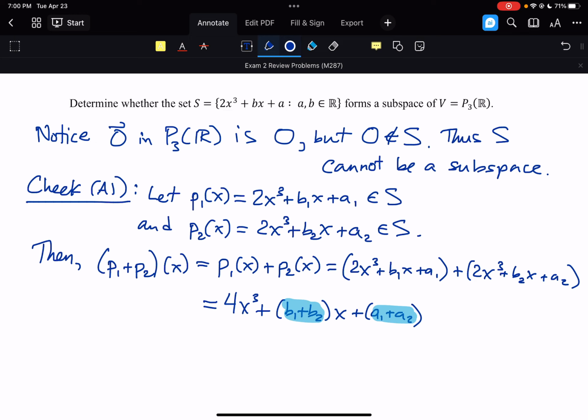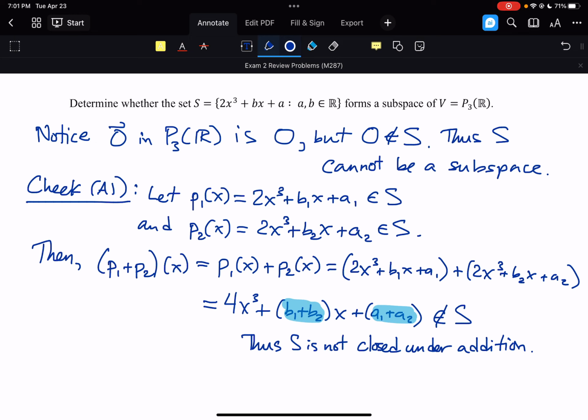So this does not match the form that it would have to be in S. So this is not an element of S. Thus, S is not closed under addition. And again, to answer the question, is it a subspace, that would also be sufficient by itself to say, no, it's not.